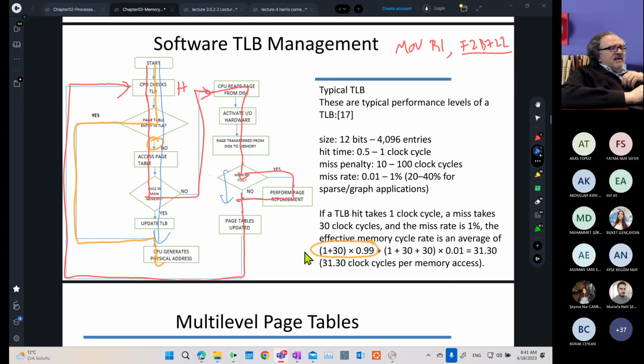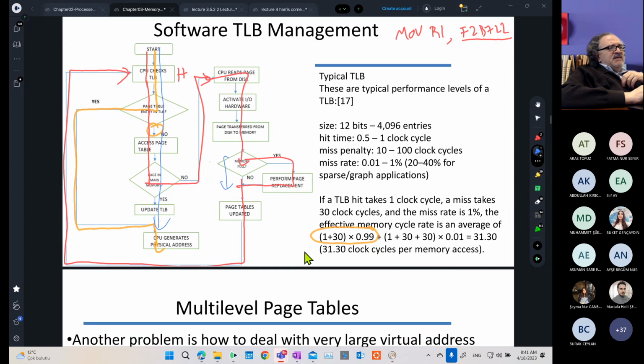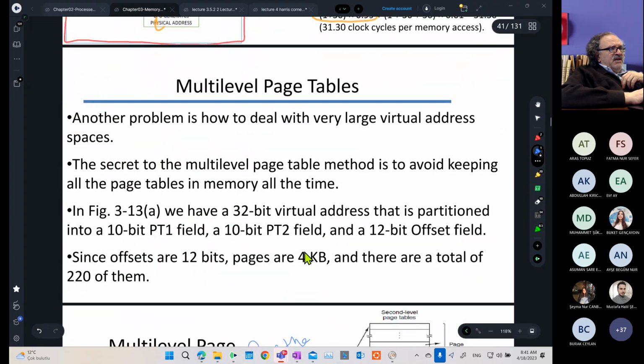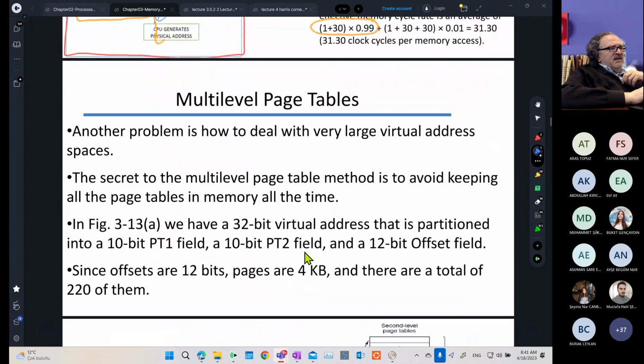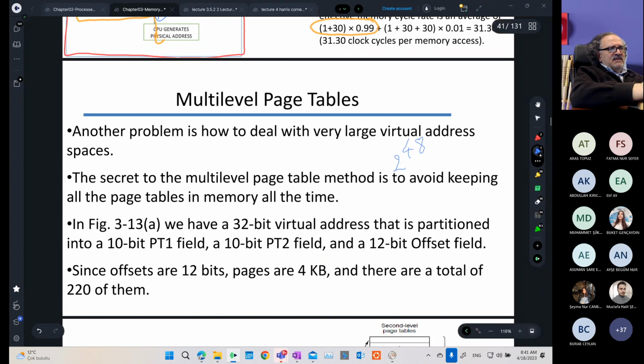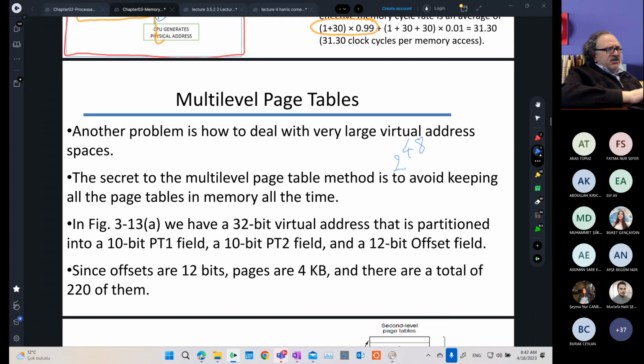But the page table is still very large. Why? Because we are talking about a memory address space of 2 to the 48. That's a very large address space.